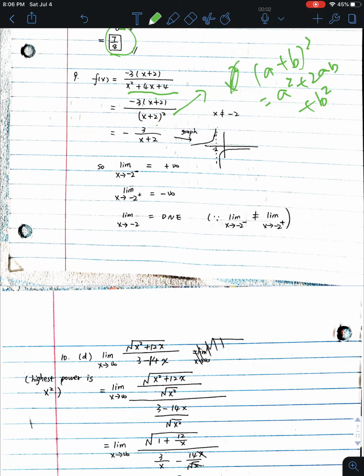Because x plus 2 is in the denominator, x cannot be negative 2. And x equal to negative 2 should be our vertical asymptote.